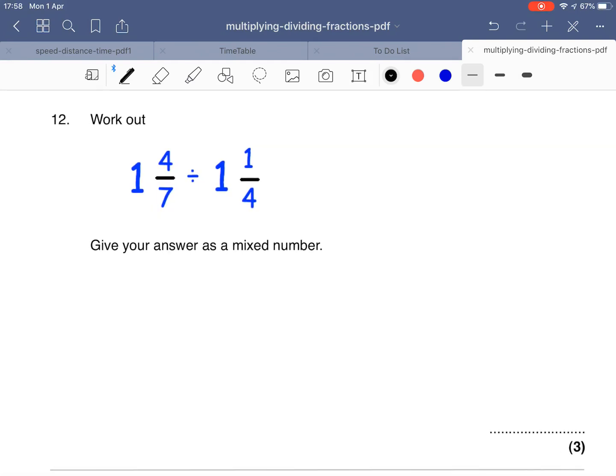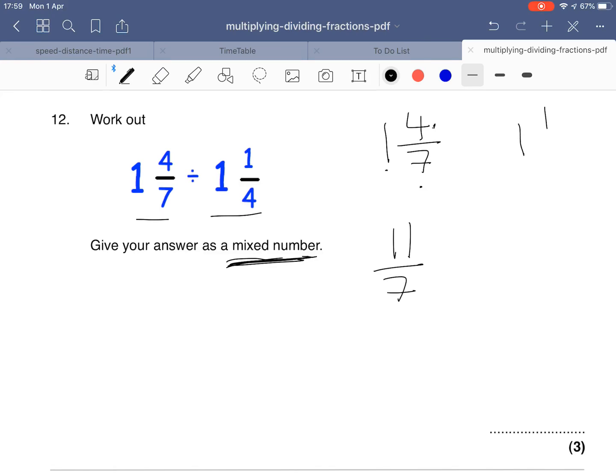Okay, next one. Give your answer as a mixed number. So we've got 1 and 4 over 7 divided by 1 and 1/4. This is dividing, so we know we've got a KCF, but we're going to change these into improper fractions first. So 1 and 4 over 7. I've got one lot of the 7, so that's 7. Add my 4, because I've got 4 left over, which is 11 out of the 7. The denominators always stay the same.